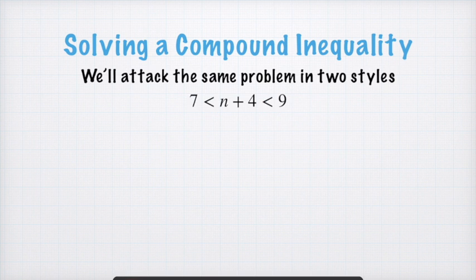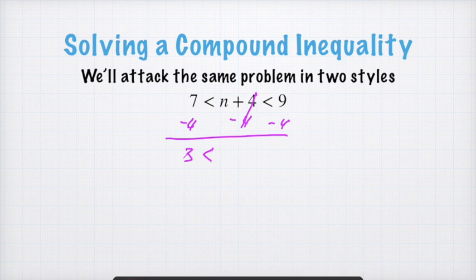Let's attack it a second way. So we have 7 is less than n plus 4, which is less than 9. Remember that we have to keep everything balanced. n is our variable, it's in one spot, so we're good with that. We're going to subtract 4 from all three sides. That cancels. 7 minus 4 is 3.